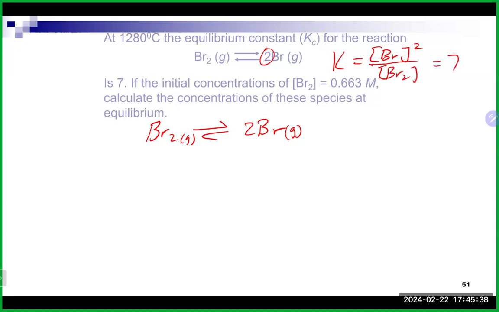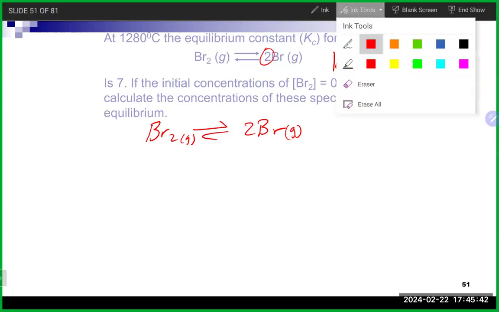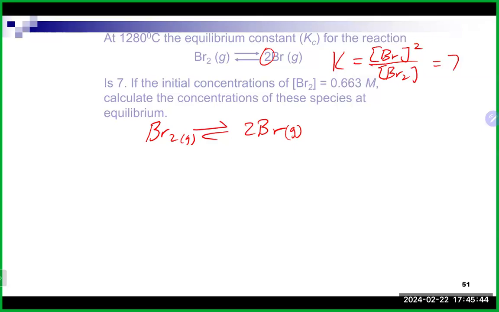All right, so initially, the only thing that's given to us here is our Br2. So we do have a concentration there of 0.663. We are not given any information about the Br. So in this case, it is safe to assume that you're starting with nothing. So you can start with 0.